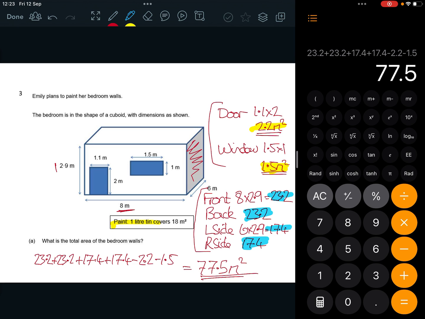This is quite important. You can only buy tins of paint that come in 1 litre, and it says that 1 litre covers 18 square metres. We need to cover 77.5 square metres, so we can work out how many litres.